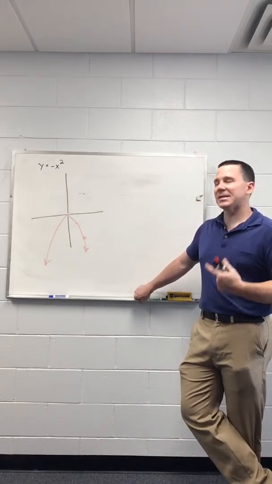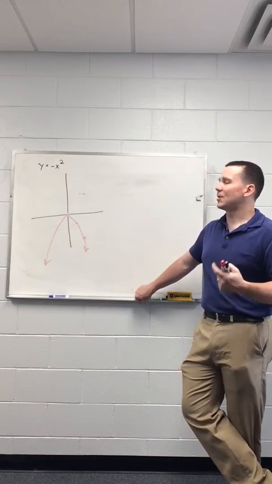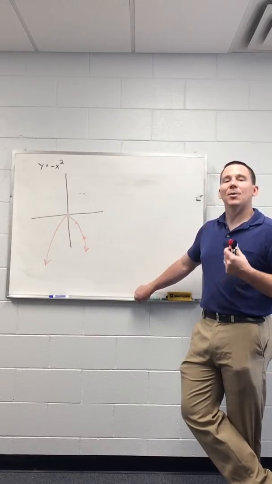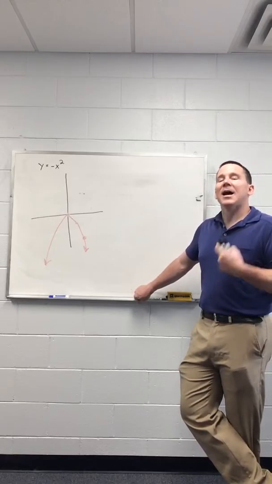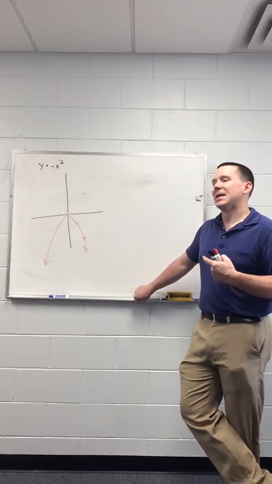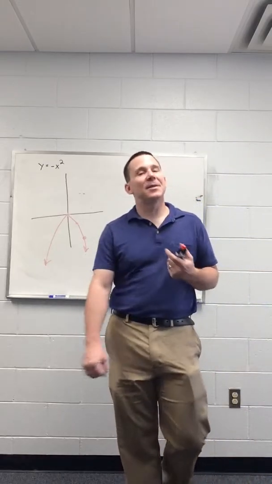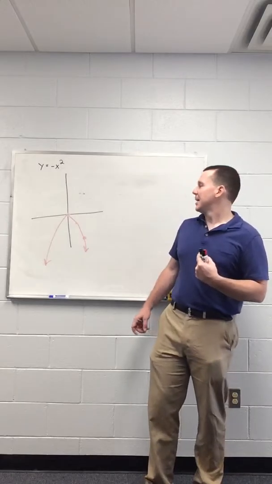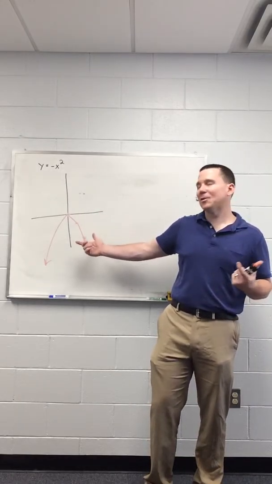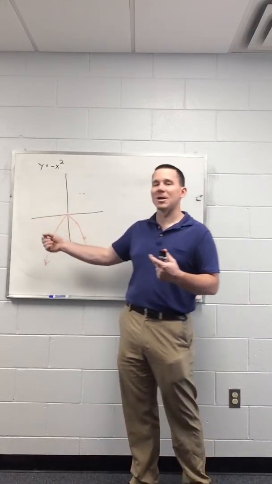One point about this is, essentially, I reflected it across the x-axis. So if I multiply by a negative outside of my function, I flip it across the x-axis. Again, like I said in the last video, the terminology can be confusing because you tend to think if I flip across the x-axis, I'm affecting it horizontally because the x-axis is horizontal.